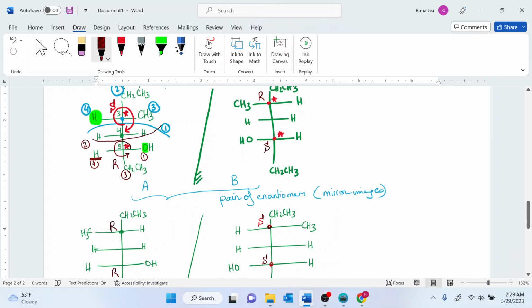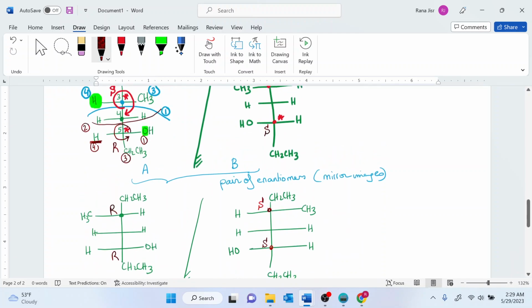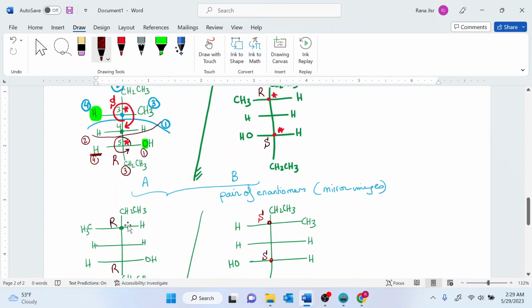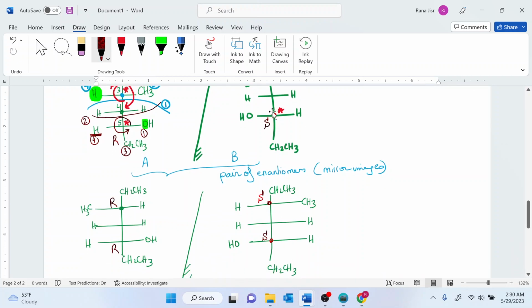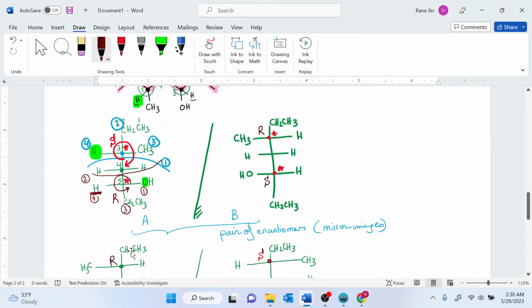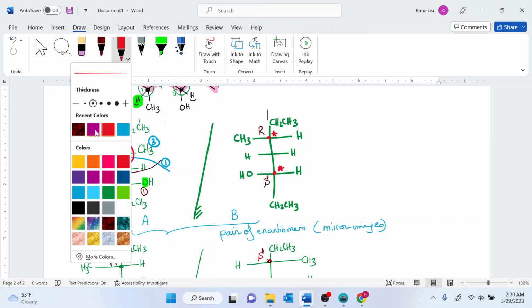If you look at B and C, you would see that the first carbon is fixed. It has the same chiral center. And then the second chiral center has a different absolute configuration. So these, we're going to call diastereoisomers.